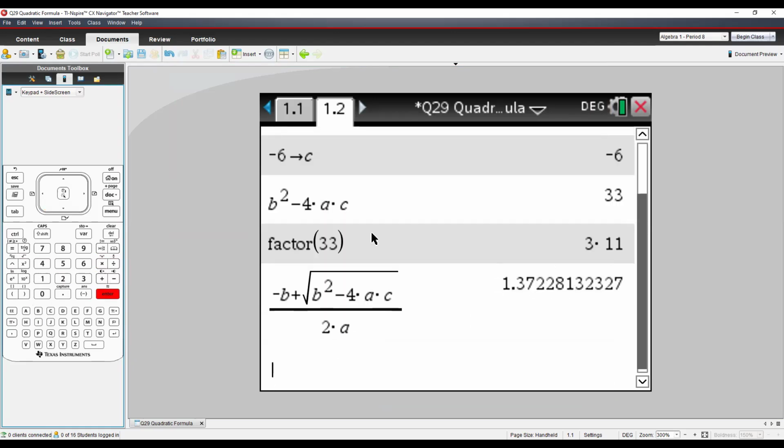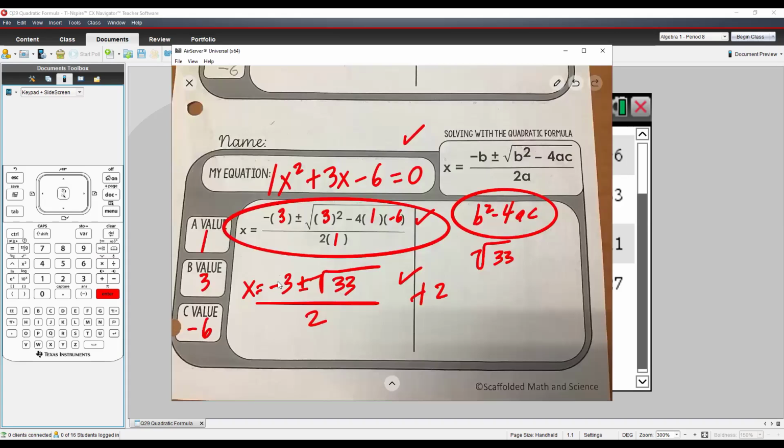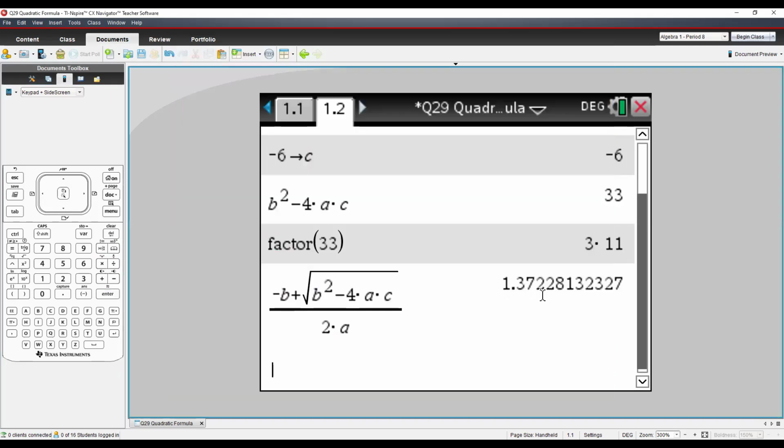That's the decimal equivalent of the first root. So if we did -3 plus the square root of 33 divided by 2, we would get this, right? This is not what they wanted.